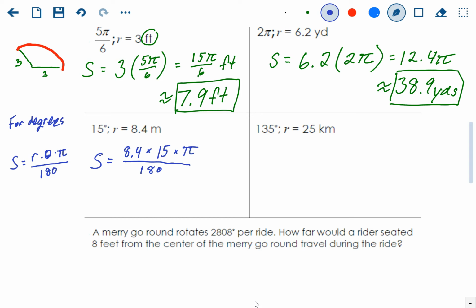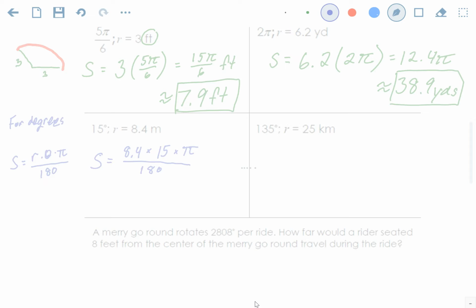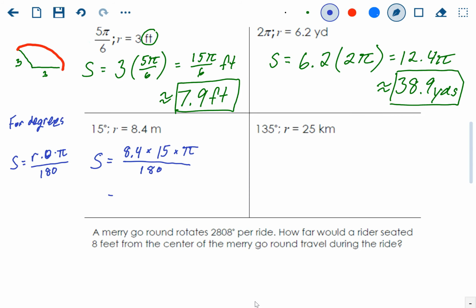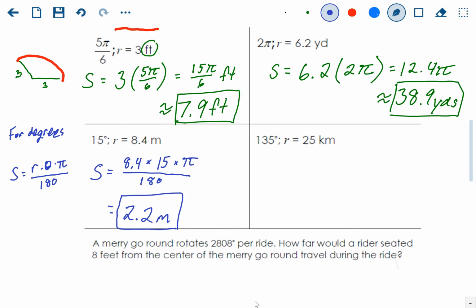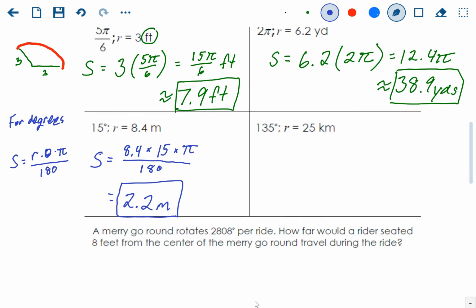You don't need parentheses, you don't need anything. You should get 2.2 meters. Okay. Again, this is only if you're in degrees. Otherwise, it's just multiplying the two numbers if you're in radians.